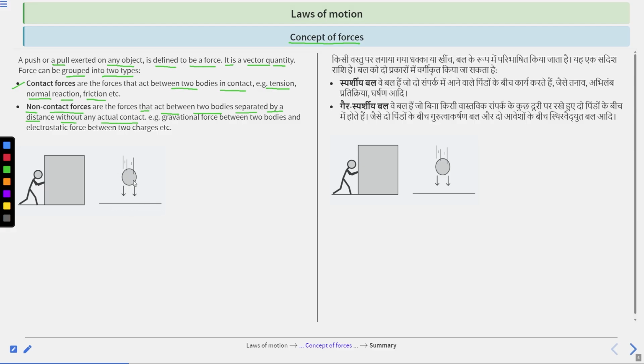So in this case, there is a distance between ball and surface. Like gravitational force between two bodies. So here a gravitational force is acting, and gravitational force acts vertically downward. And electrostatic force between two charges. So this is the concept of contact forces and non-contact forces. Clear?